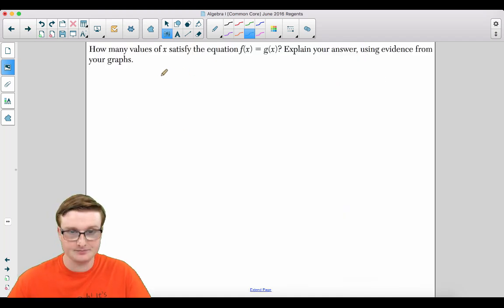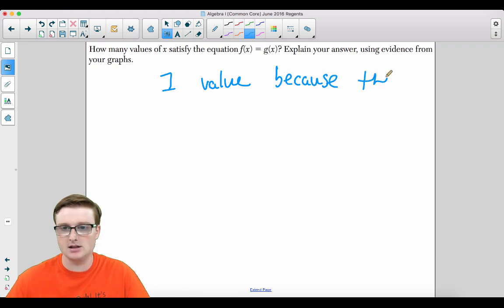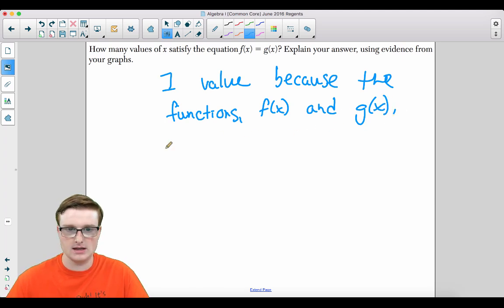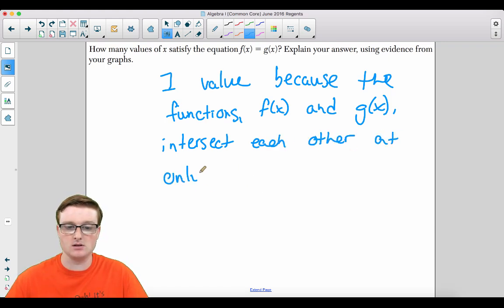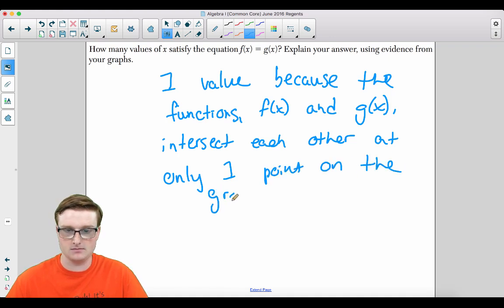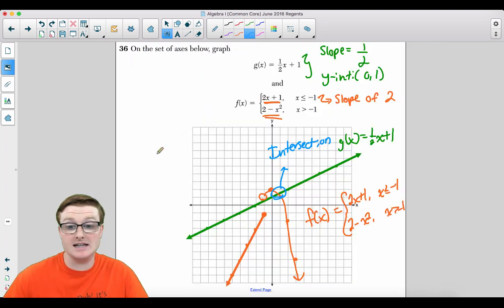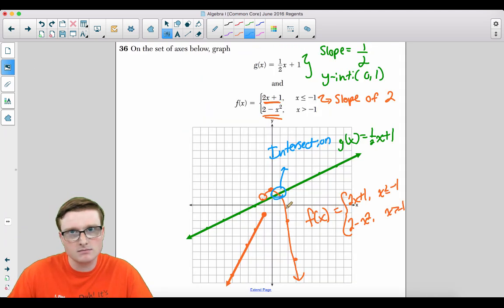So we're going to say one value because the functions, which are f of x and g of x, intersect each other at only one point on the graph. And that's it. You're done. Because it clearly shows only one point on the graph. Pretty simple, right? All right, so that's the answer to question number 36.